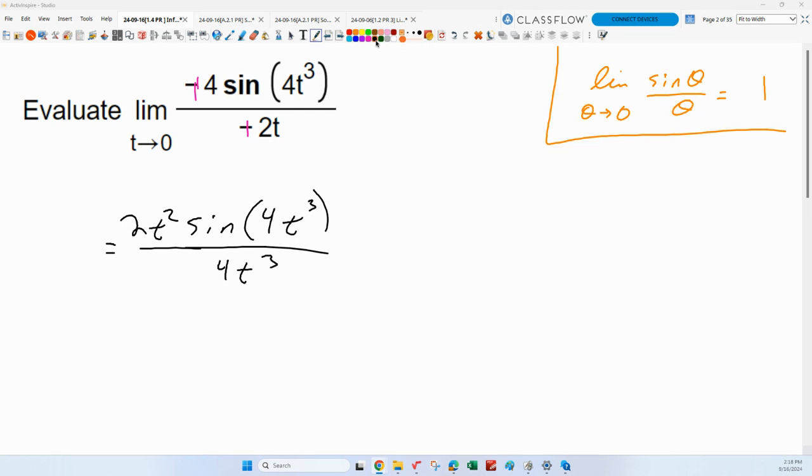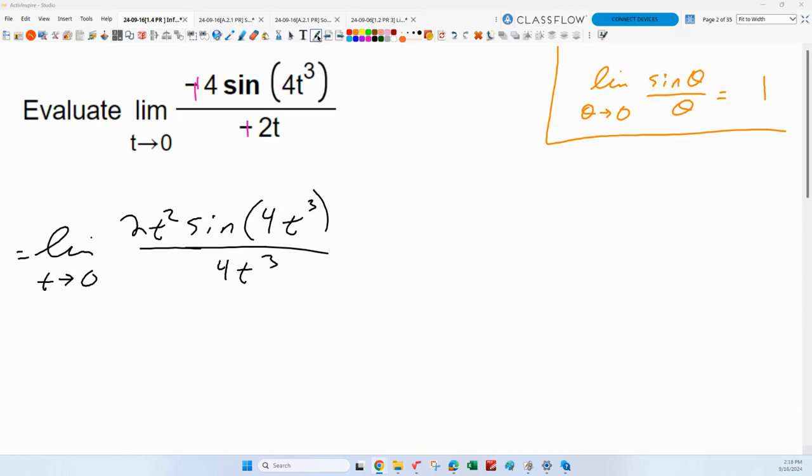And this should be a limit. It's not equal to that, it's equal to the limit of that. So I have to be sure to include the limit notation, as t approaches 0. But as t approaches 0, so does 4t cubed, right? Okay, yes?